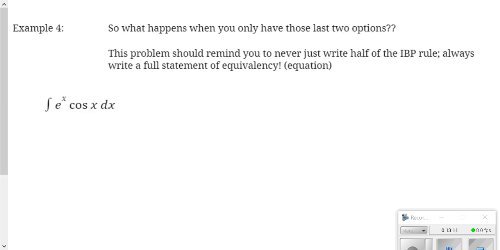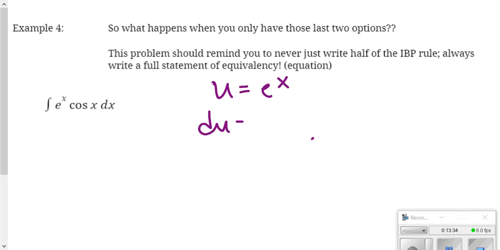All right, so an interesting question would be, all right, great, what if I go through that hierarchy and I only have exponential and trig? Now, the thing that's going to be interesting here is that both of these, when you take derivatives, just cycle around, okay? So we could, for instance, say, all right, I'd like to let my u be e to the x.